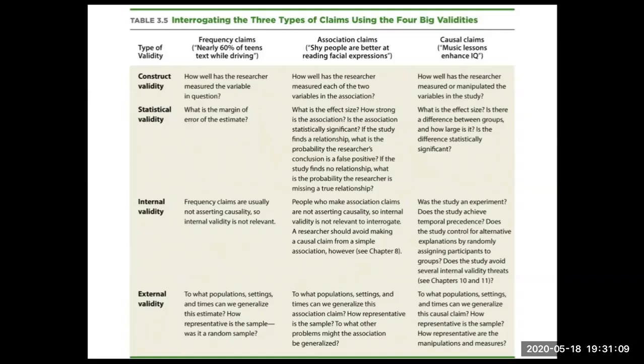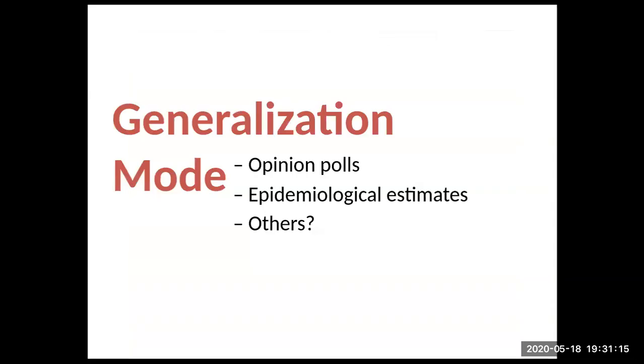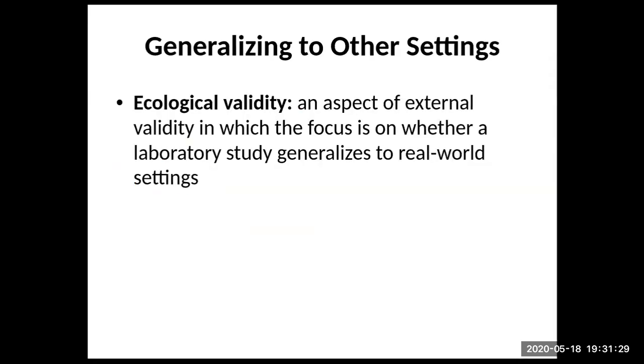We need to know it works the first time before we can worry about if it generalizes, right? So generalization mode, again, we're looking at frequency claims, opinion polls, epidemiological estimates, like how much of the population is diagnosed with depression every year or things like that, and maybe others. Again, market research and things like that.